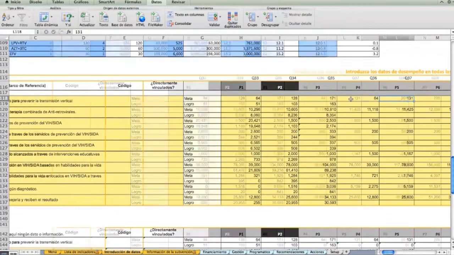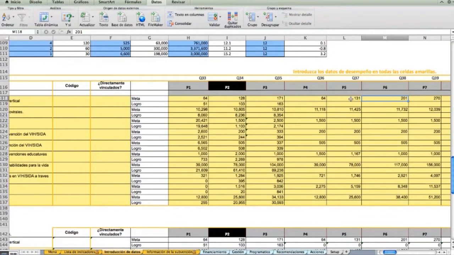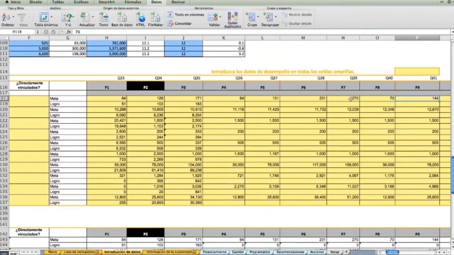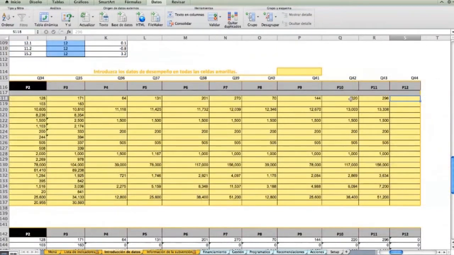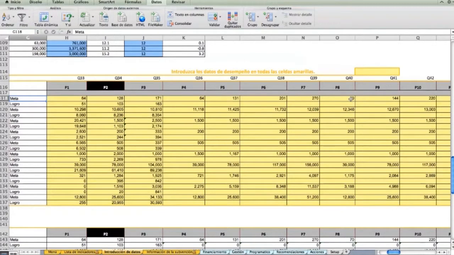Once the indicators have been added, we start to input the programmatic targets that are already in the performance framework. For this reason, it's important to have available the performance targets for the appropriate time period, depending on how the principal recipient reports to the Global Fund.